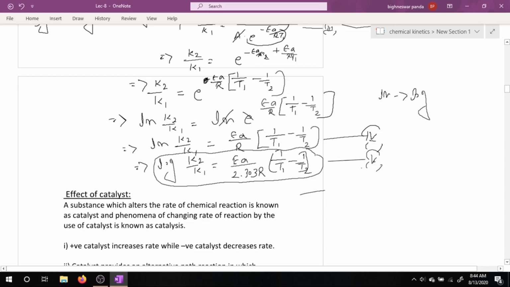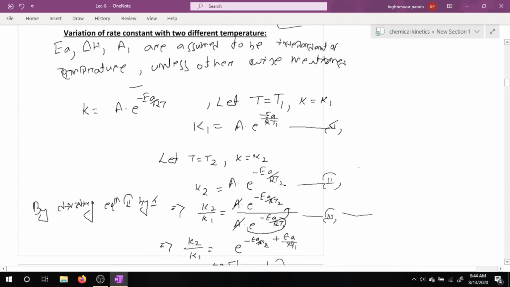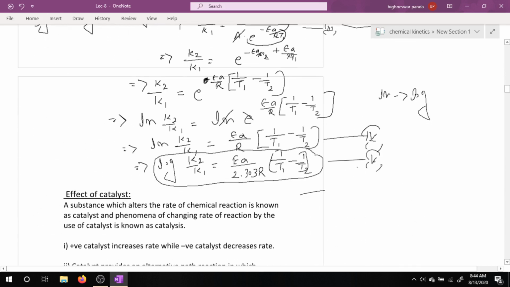So this is the variation of rate constant with two different temperatures. Variation of rate constant with temperature means the Arrhenius equation, but here we have two different temperatures with two different rate constants. So we are coming to the next part, we have already completed the effect of temperature.